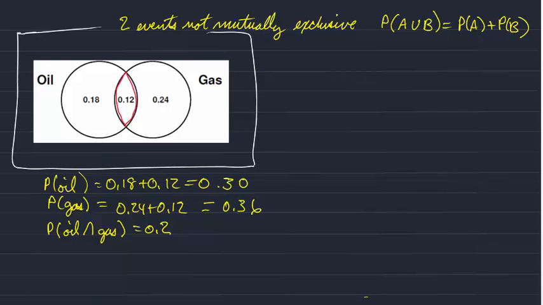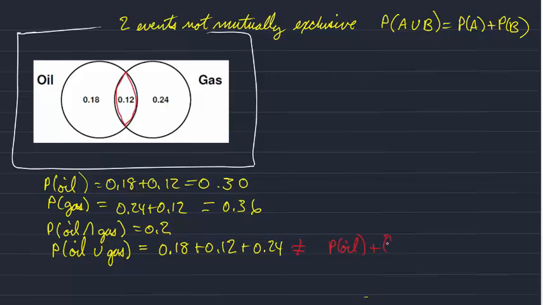And the probability of oil or gas is equal to 0.18 plus 0.12 plus 0.24, and that is not equal to the probability of oil plus the probability of gas.